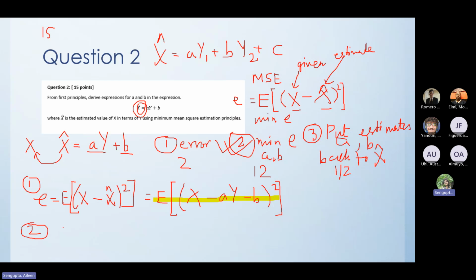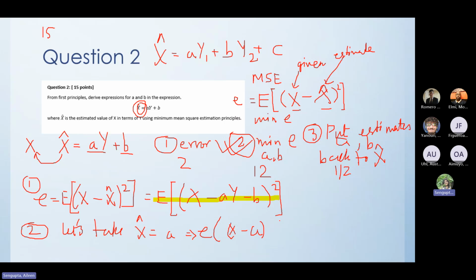Let's take this x hat to be just a. What happens then is that your entire error signal is basically x minus a, the whole squared.